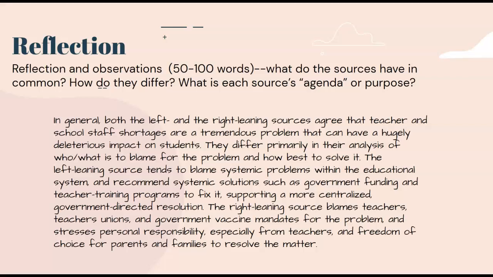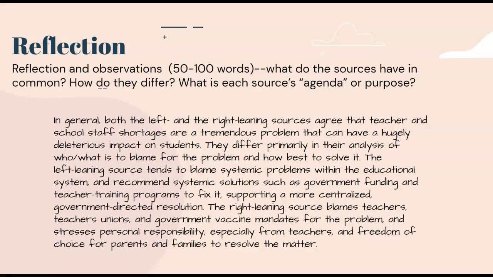The left-leaning source tends to blame systemic problems within the educational system and recommend systemic solutions such as government funding and teacher training programs to fix it, supporting a more centralized, government-directed resolution. The right-leaning source blames teachers, teachers' unions, and government vaccine mandates for the problem and stresses personal responsibility, especially from teachers, and freedom of choice for parents and families to resolve the matter.